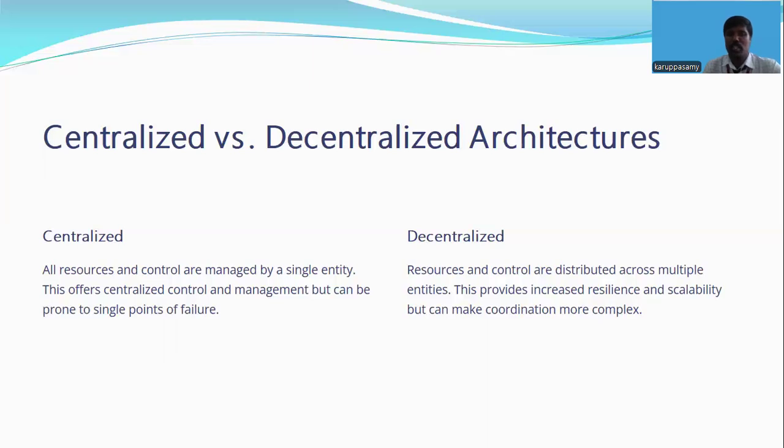This offers centralized control and management, but can be prone to single points of failure. In the decentralized architecture, the resources and control are distributed across multiple entities. Therefore, we control all the resources with the help of multiple entities. This provides increased resilience and scalability, but can make coordination more complex.